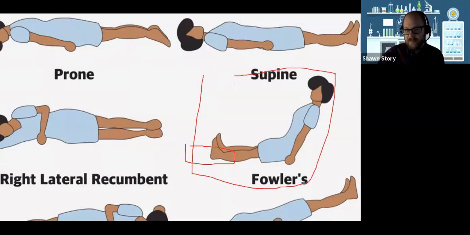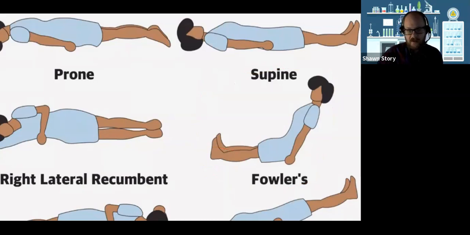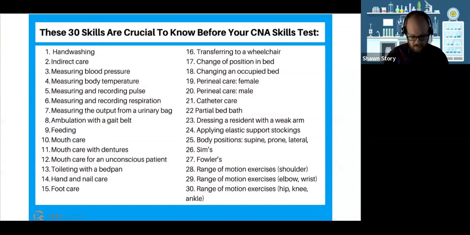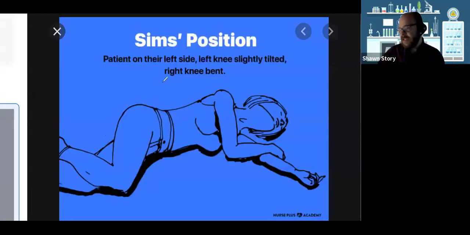And the Sims position, let me find a picture of that. Patient on the left side, left knee slightly tilted, right knee bent. The Sims position.